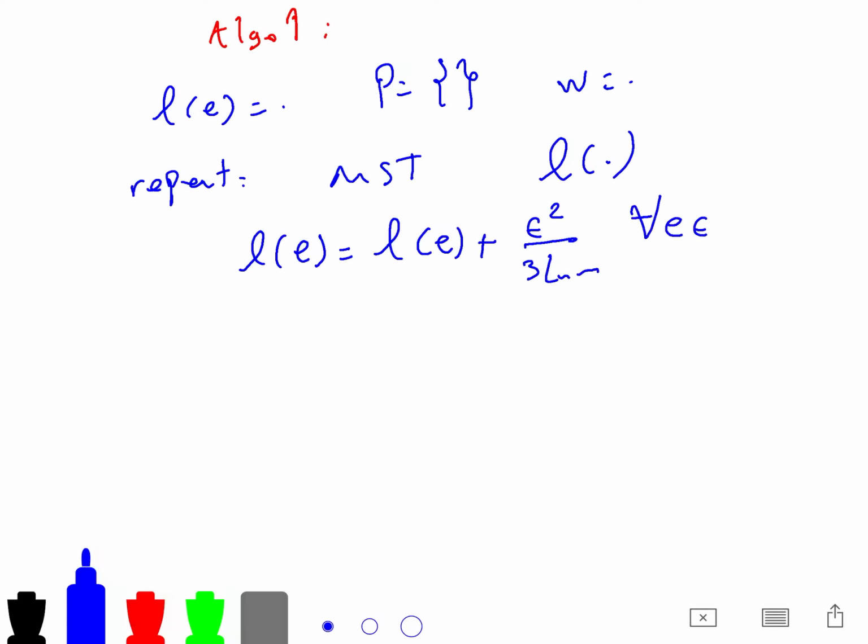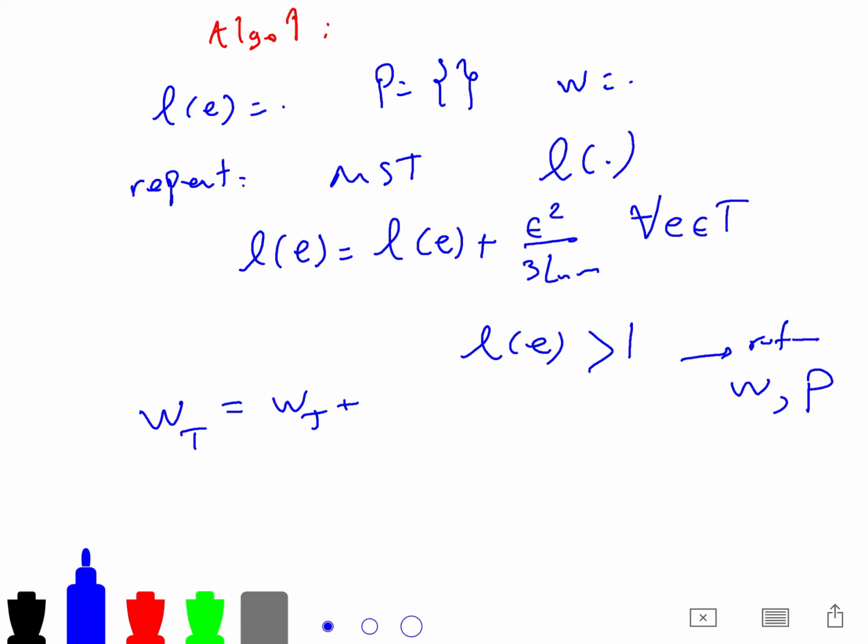If L of e is greater than 1, then we return W and P. Of course, in each step the weight of the tree is updated by the same amount. At each stage, we add the tree T to the packing P.